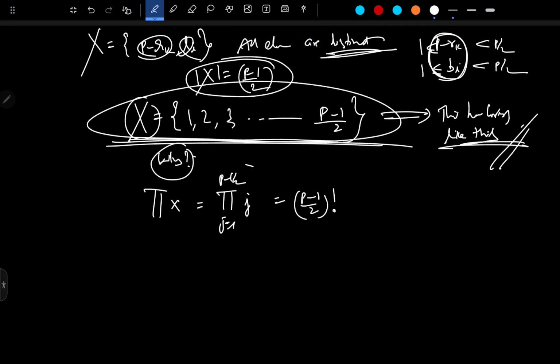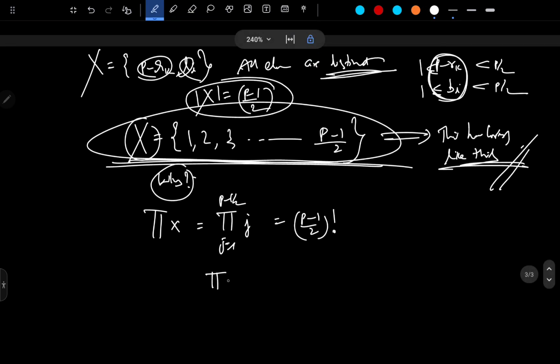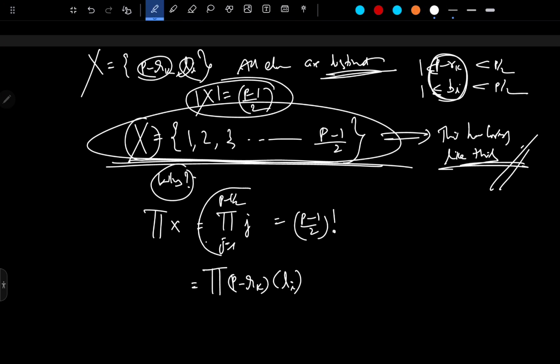So how can this be written? This can be written as pi, meaning multiply all the elements, where P minus rk into li.